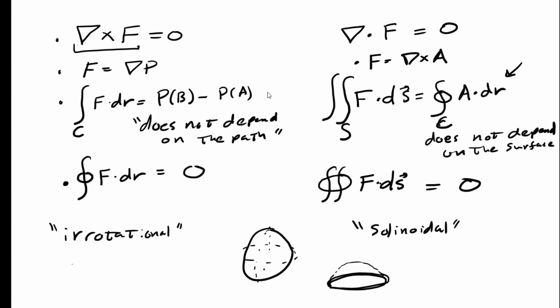So I hope you guys can see some of the parallels, where Stokes' theorem is just the next dimension up version of this fundamental theorem for line integrals. Okay, and then we also have, actually, that divergence theorem is a little bit different.